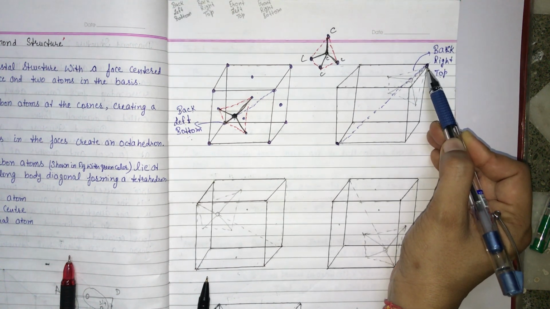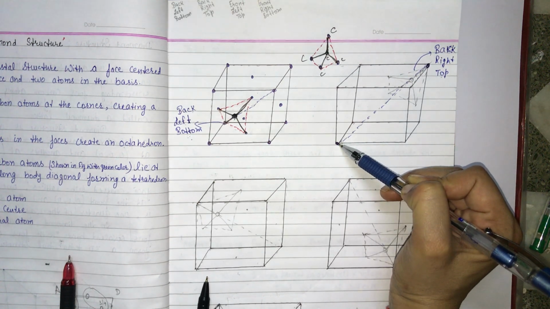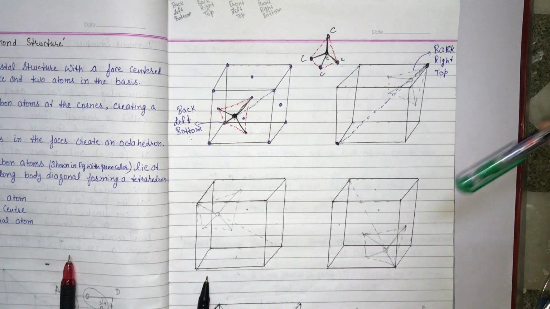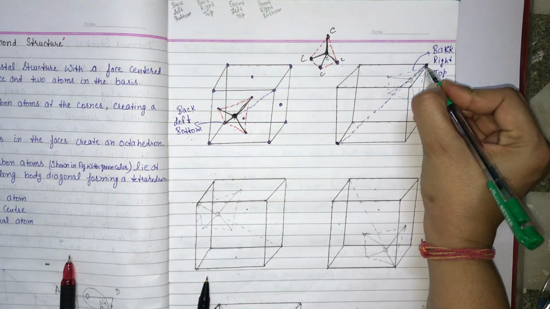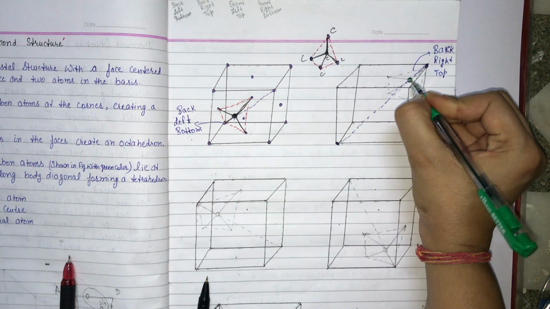And from this point, if I make a body diagonal, then this will make a body diagonal with the front face and left side bottom point. So the carbon atom will be placed at this position. From this point, this is at 1/4 of body diagonal.